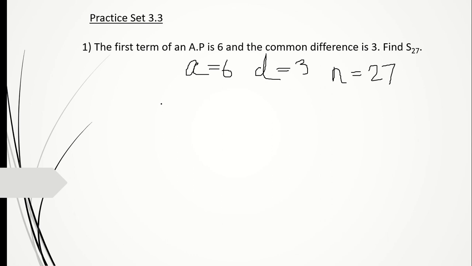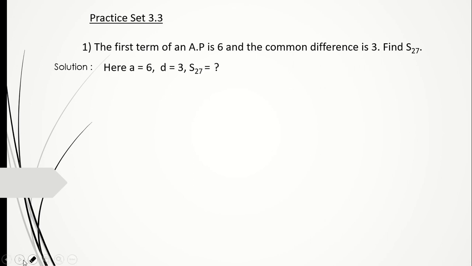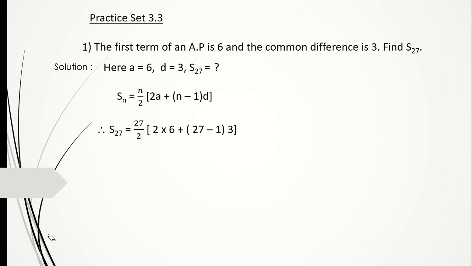Okay, now just write the Sn formula and substitute. Sometimes it may be given in the activity forms, etc. So in that case you can do the rough work at the side, right hand side, and then just get the answer. Okay, so see here, n is 27. We have directly substituted that. a we know is 6, that also is substituted. n is 27 is substituted in the formula, and d is 3.